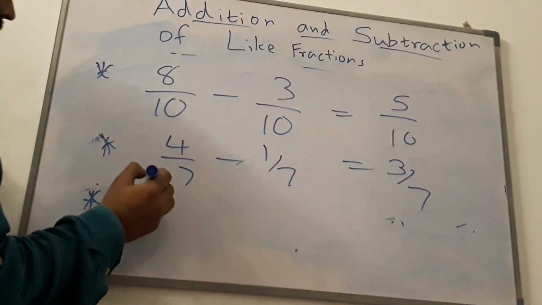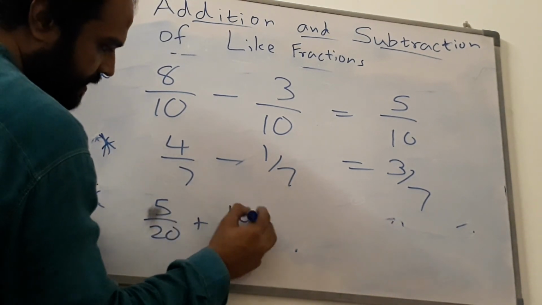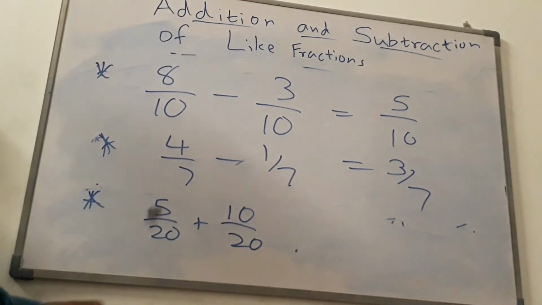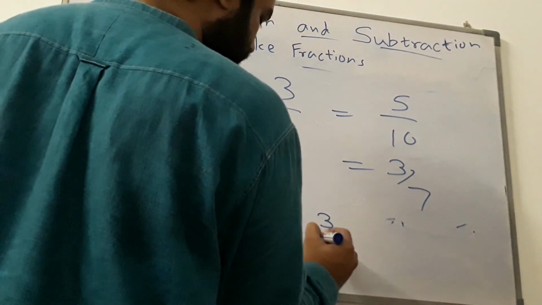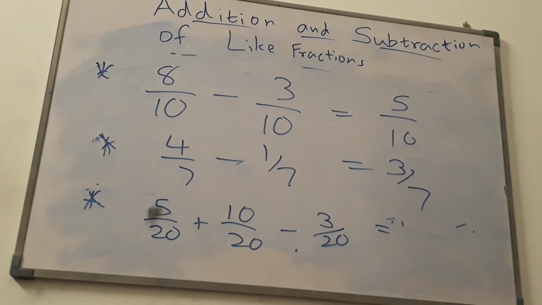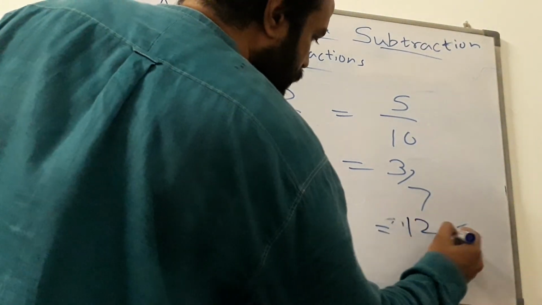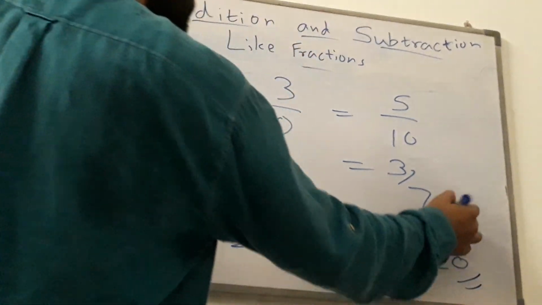Finally, 5 out of 20 plus 10 out of 20 minus 3 out of 20. What shall we do here? First we have to add 5 and 10 together. 15. 15 minus 3 means 12 out of 20.